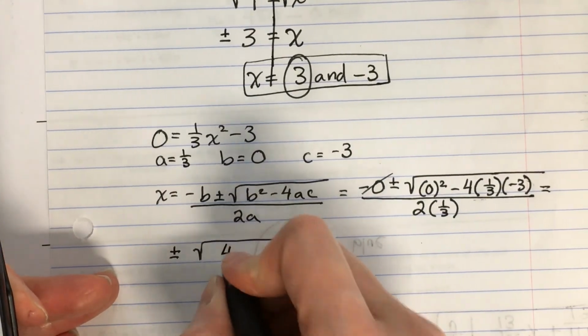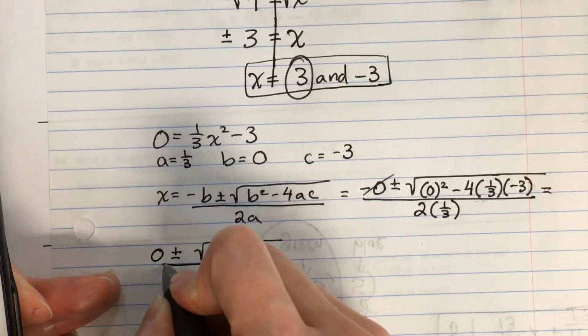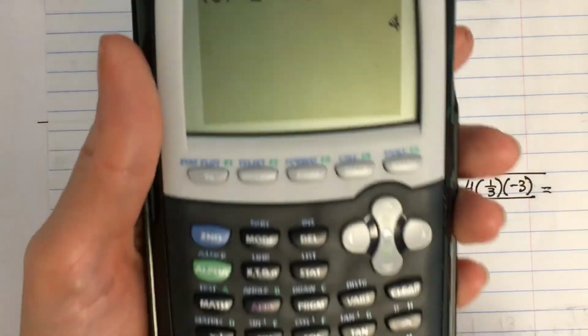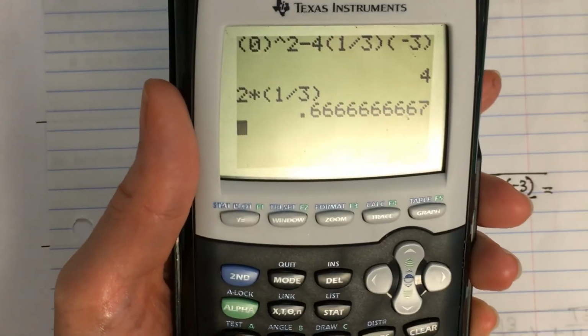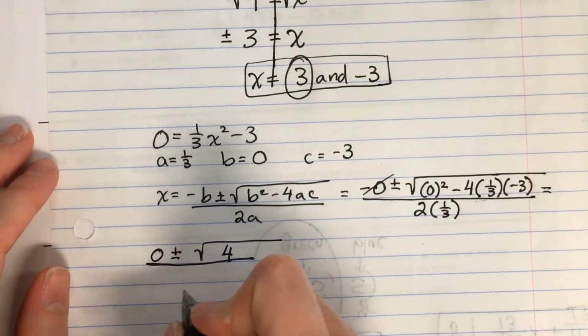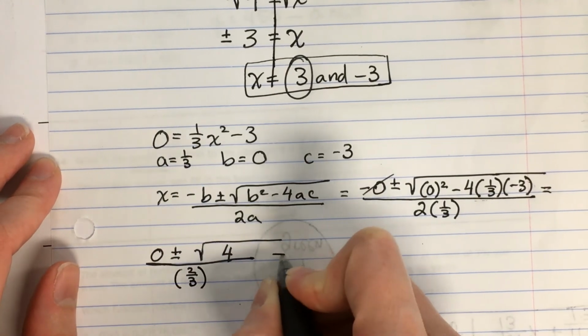I get 4. Divided by, well, I'll put the 0 in the front here for you guys. So negative 0 is 0. Okay. 2 times 1/3. Oops. 2 times 1/3. Math 1. Enter. It's 2/3. I'll put it in parentheses, 2/3.